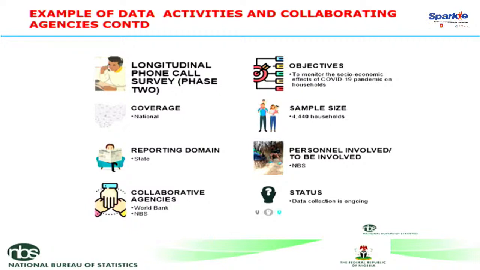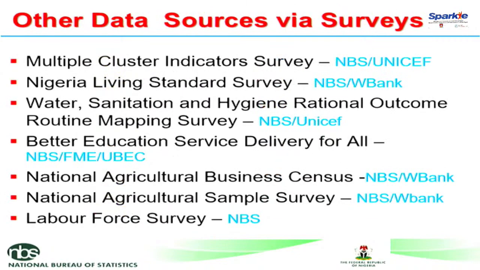But then we were able to canvass 4,440 households, and the reporting domain is the state. It was NBS personnel that did that in collaboration with World Bank. Then the data collection is done. The report is already there for you to download if you need to run any study on that.